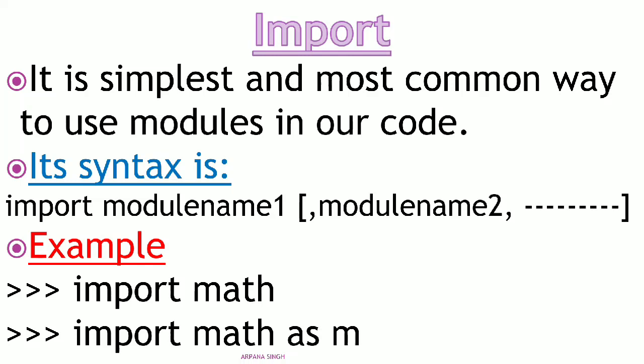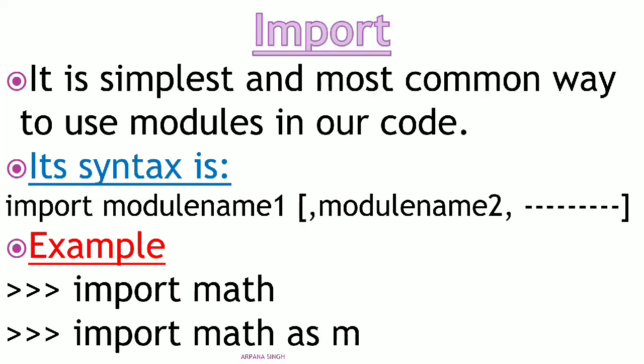Now this particular format, the second statement, import math as M. In this, M is the alias name or the alternative name of the math module, and as is the keyword that is used to create an alias name. What is an alias name and why do we create it?